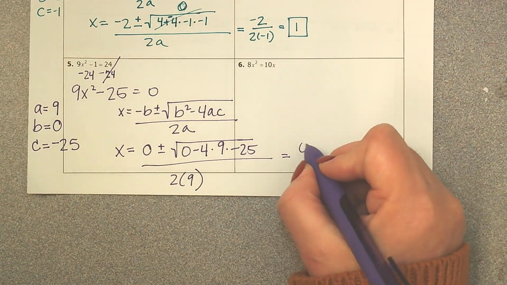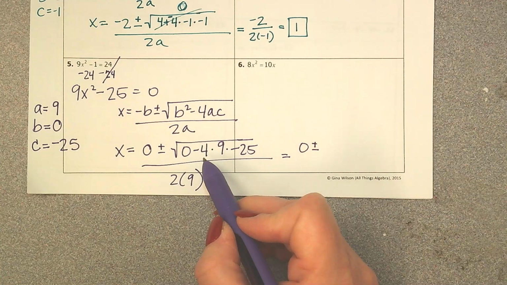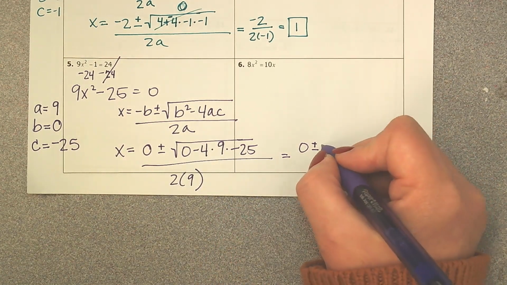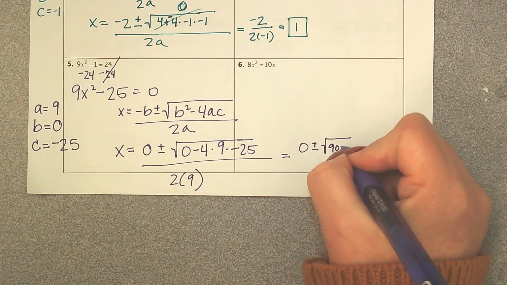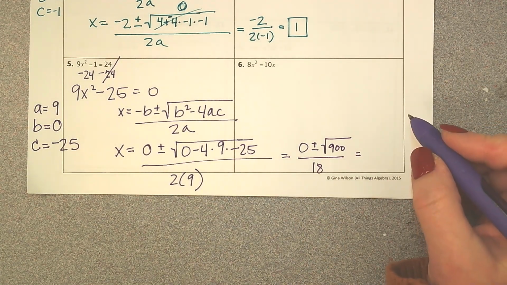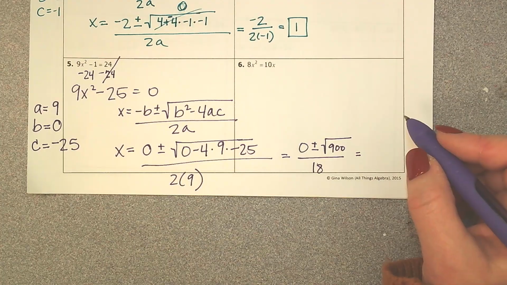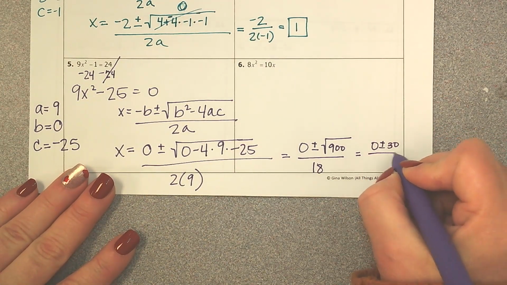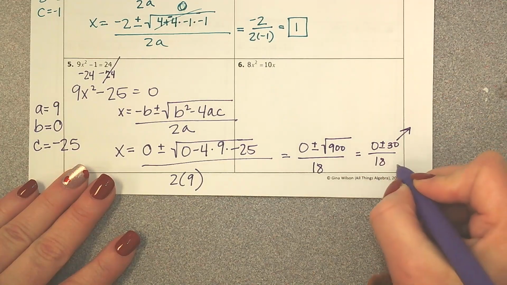So we have 0 plus or minus, what's negative 4 times 9 times negative 25? 900, right? What's the square root of 900? 30. So we have 0 plus or minus 30 over 18. That gives me two solutions.